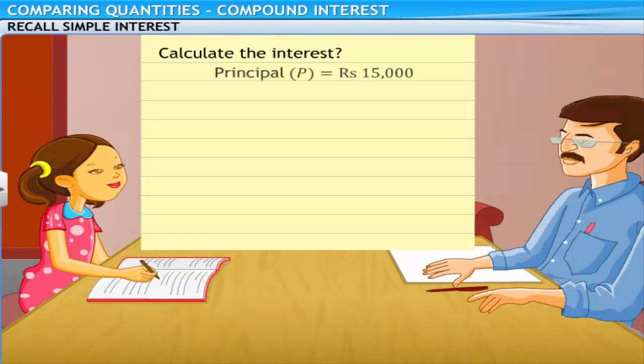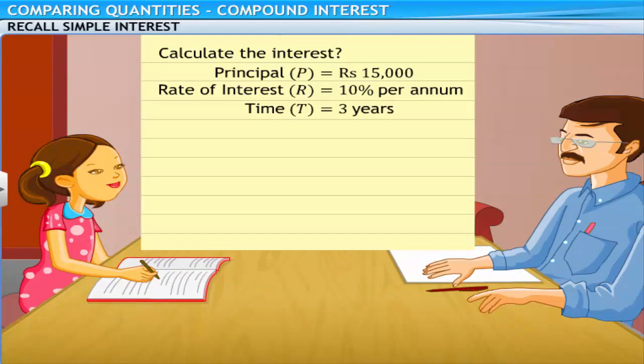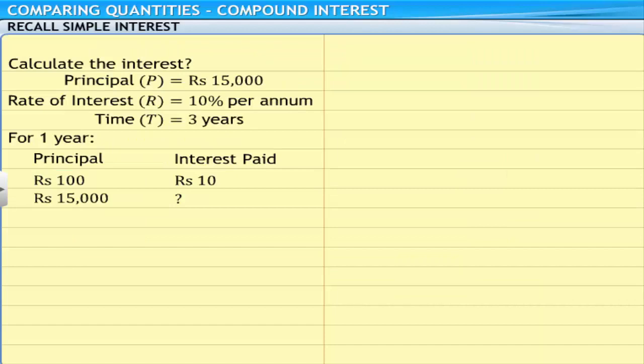Here, the principal is rupees 15,000, rate of interest is 10%, and time for which the money has been invested is 3 years. In other words, for 1 year, on a principal of rupees 100, the interest will be rupees 10. Then, on a principal of rupees 15,000, the interest paid will be 10 divided by 100 multiplied by rupees 15,000, that is rupees 1,500.